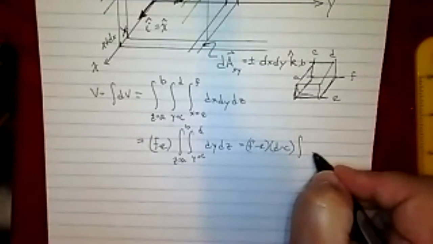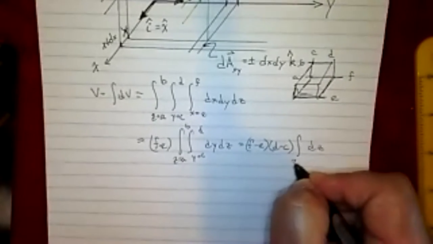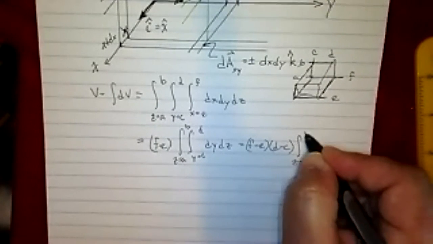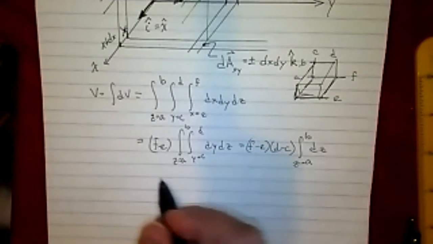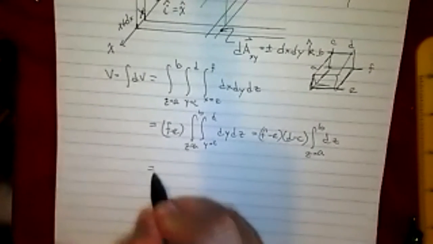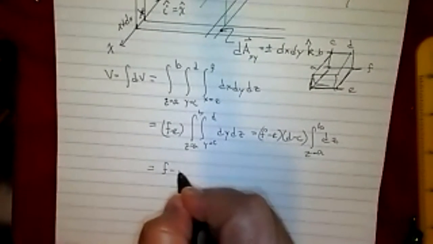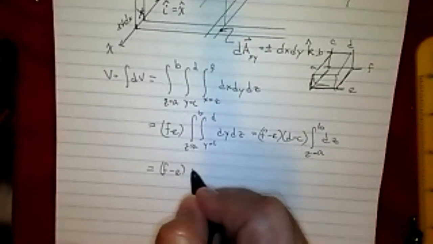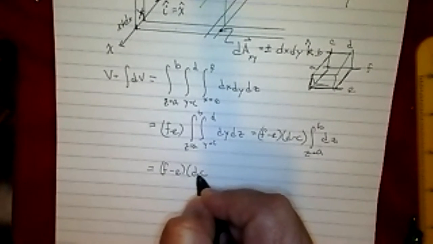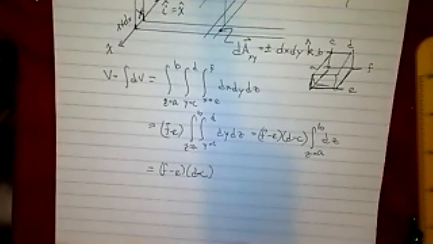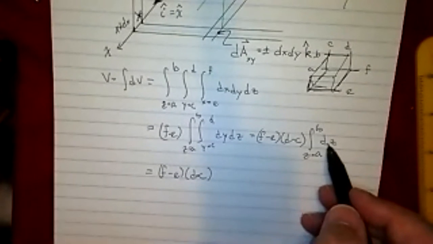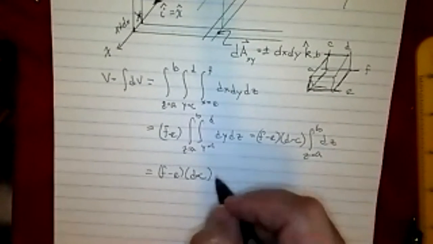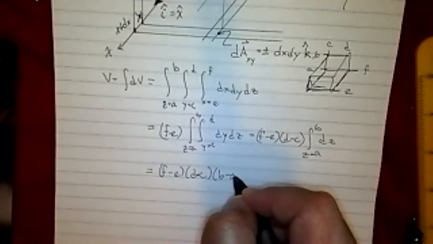times the integral of dz from z equals a to b. So now I finally have f minus e times d minus c. Whoa. And the integral of dz is just z evaluated from a to b, so that'll be b minus a.